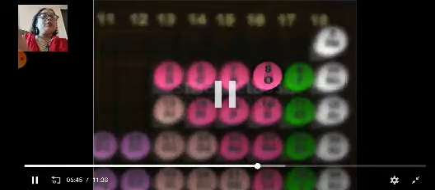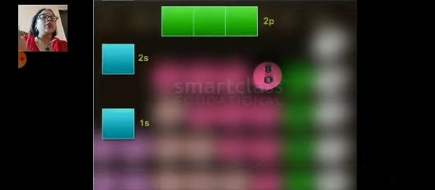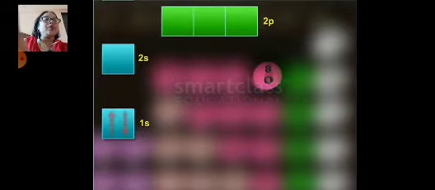To begin with, consider the case of oxygen, which has atomic number 8. First of all, the 1s orbital will be filled with 2 electrons.